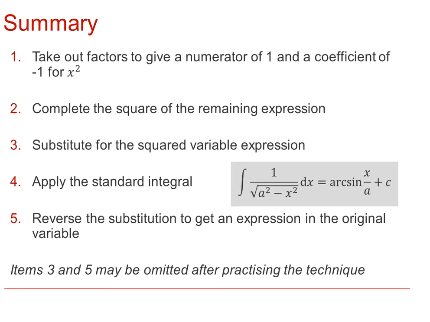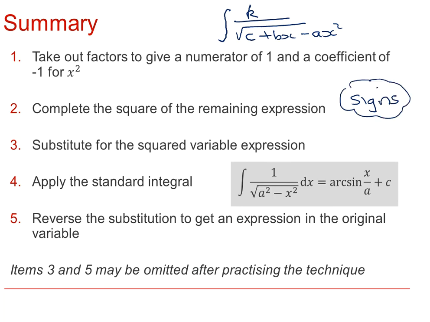So in summary then, here I have managed to deal with an integral of the form k over c plus bx minus ax squared. I've taken out factors to give a numerator of 1 and a coefficient of minus 1 for x squared. I then complete the square of the remaining expressions, being really careful to think about my signs and get those right.